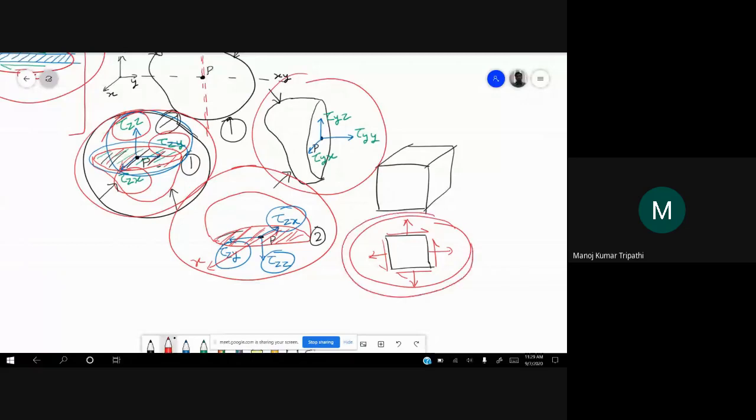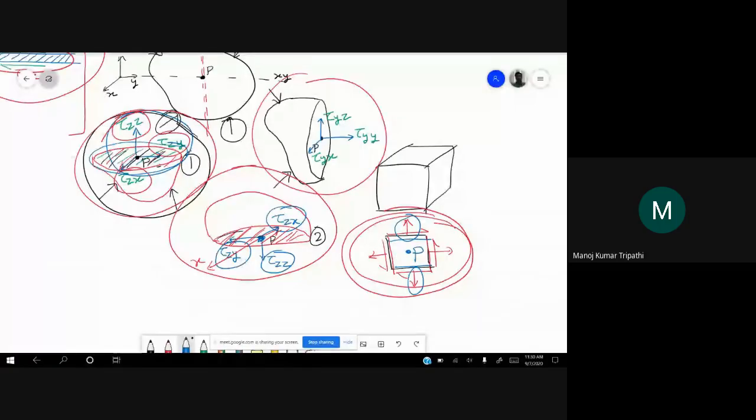In this figure, it may look like these surfaces are apart from each other, and if the element is not in equilibrium, then there may be a different force acting here and here. But actually, I am talking about a single point here, point P. Shrink this element around point P in the limit that this distance goes to 0.